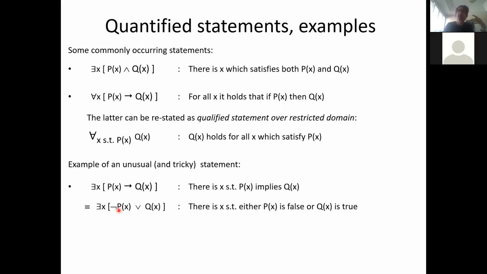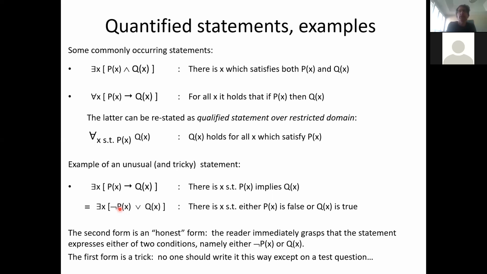Like, for example, temperature of the patient less than something. The point is that the second one is clear to read, and the first one is equivalent. And if you remember what an implication is, and that the implication is equivalent to this statement, then for you there is no difference between this and that.